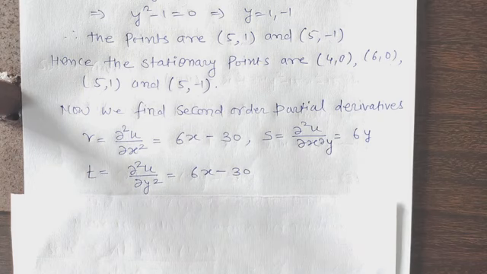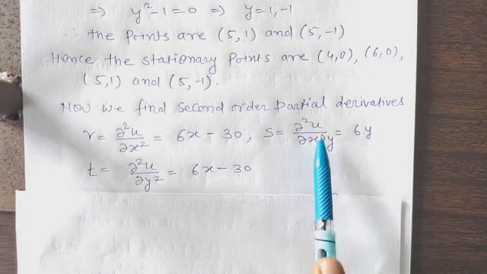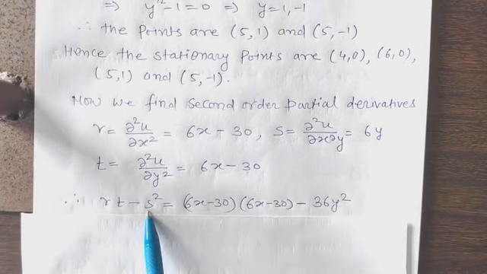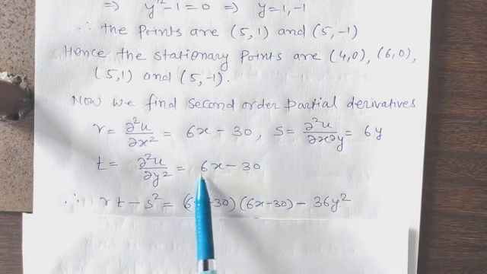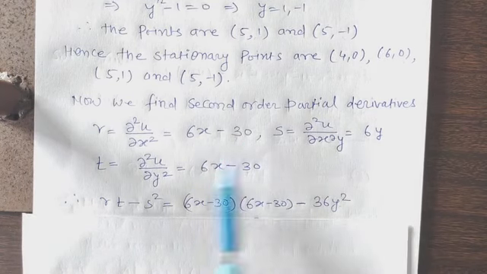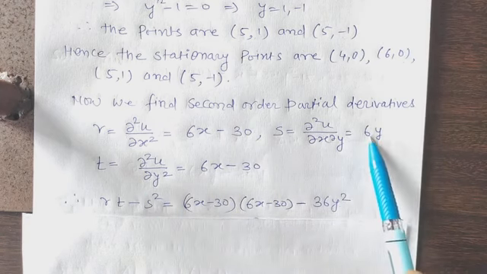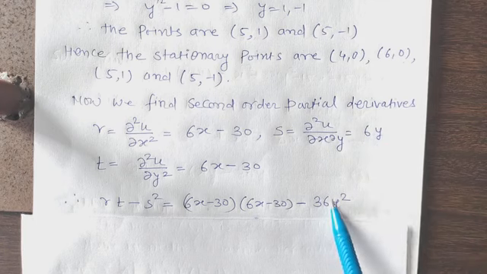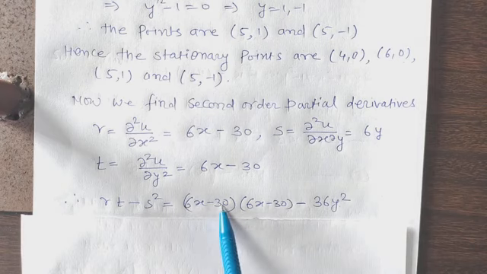Now we calculate rt minus s square. Rt minus s square, where r is 6x minus 30, into t is 6x minus 30, minus s square. So s is 6y, therefore s square is 36y square. From this factor we take 6 common, then we get x minus 5 here.